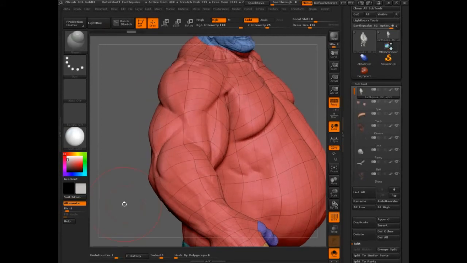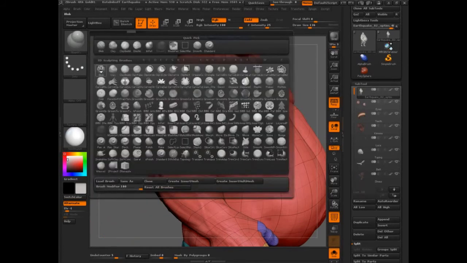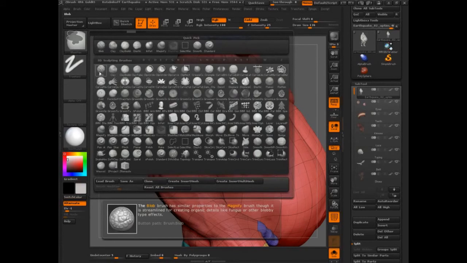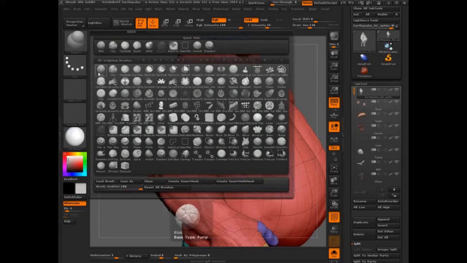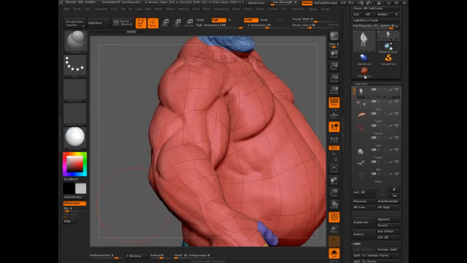Okay, now something I found, in fact, let's see. Was it this? Yeah. I'm hovering over the Blob brush, and I'm pressing Control. And I just read this actually today. I've read this probably a million times, but today I read it and I was like, oh, it's like the Magnify brush. What the heck do they mean by that?